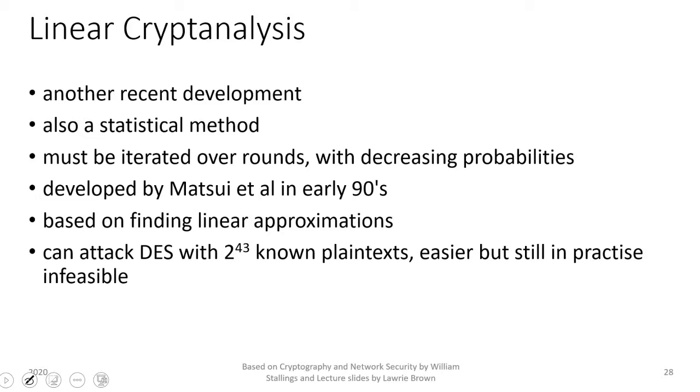Linear cryptanalysis is again a fairly recent development, in the 90s, using certain statistical methods over a number of rounds, and then you can find some approximations, and then you can break the encryption at the end of the day.